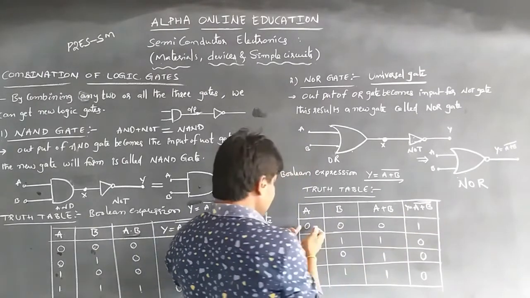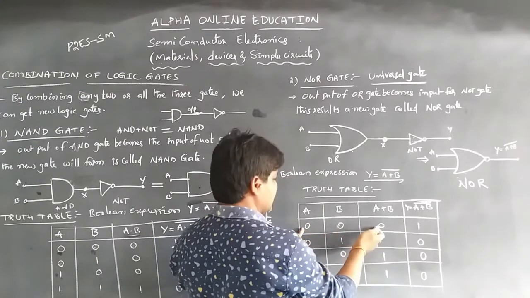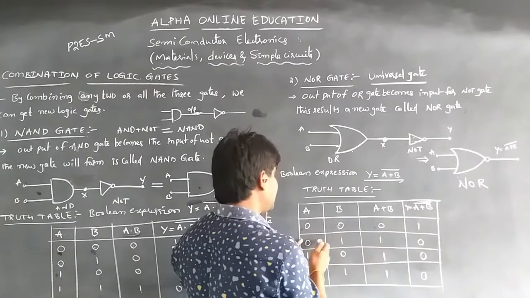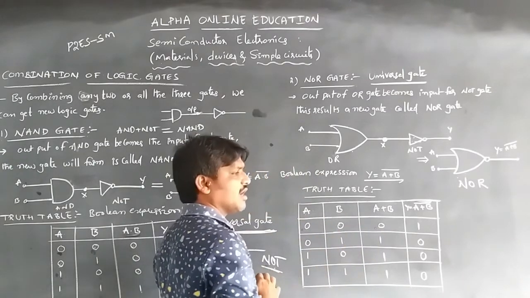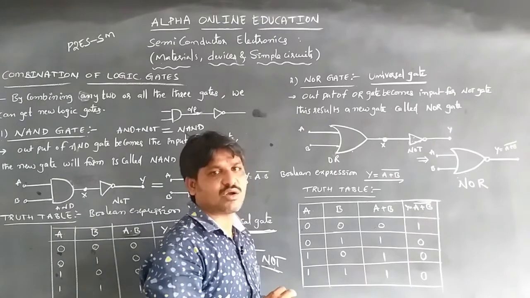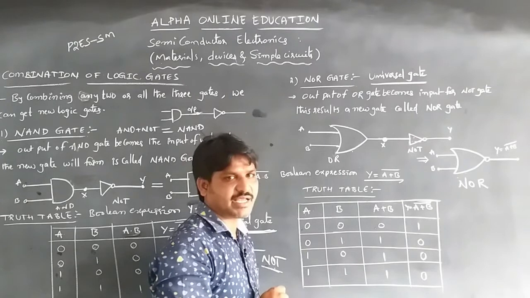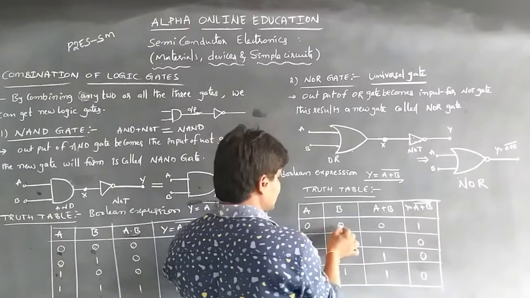Here when the A and B values are low, the value also becomes low in the OR gate. We know that in the OR gate, if any one of the inputs or all the inputs are high, the output becomes high. So for 0 0, we get a low value.